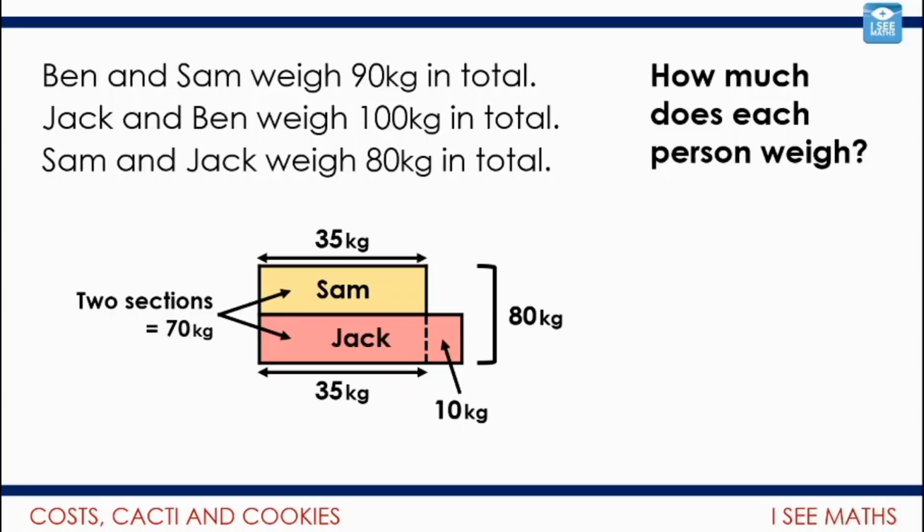And then Jack, he must be 35 kilograms plus that 10 kilograms, so he must be 45 kilograms. I could look at that then and look at my number sentences here. And let's say I use Sam is 35 kilograms. So Ben and Sam weigh 90 kilograms. 90 subtract 35 will give me Ben's weight, 55 kilograms.